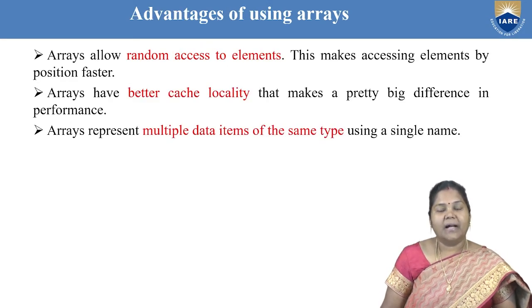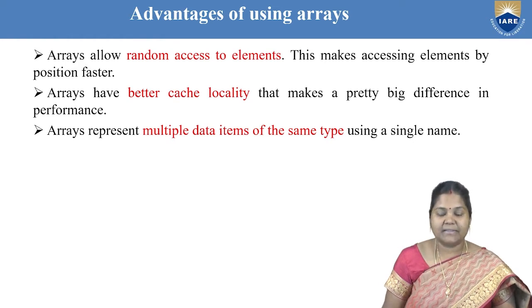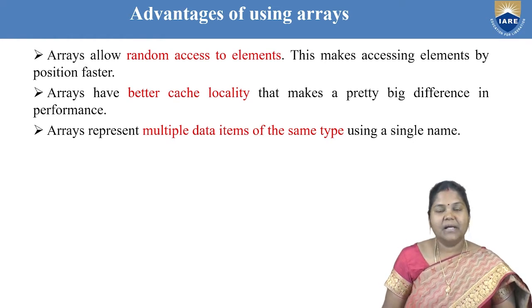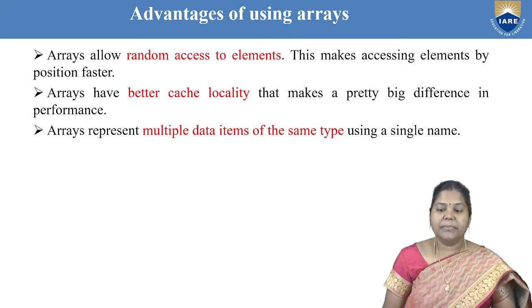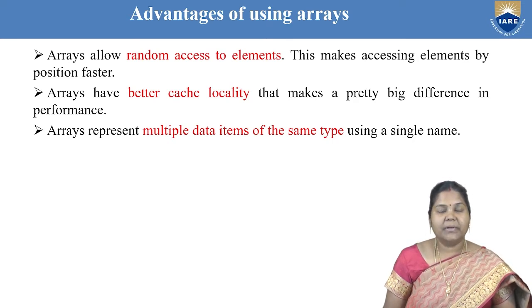Now, what are the advantages of using an array? The first advantage is that it allows random access to elements. That means you can store an element or retrieve an element based on the index. So you can do insertion, deletion, and all these operations based on the index position only, which makes accessing elements faster.